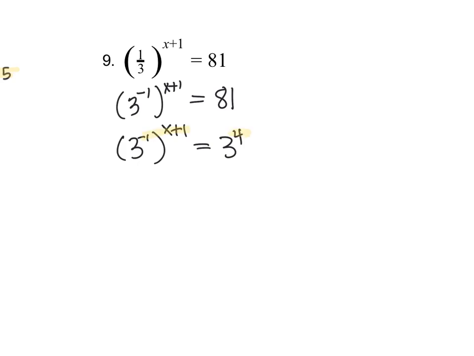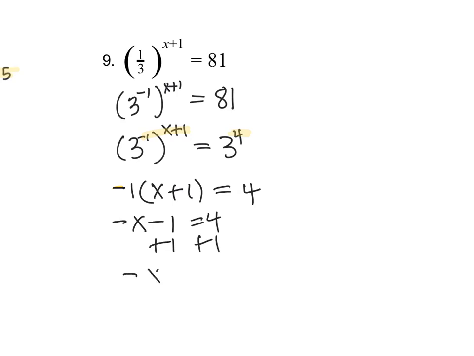And I have to take into account that negative 1 I have in my exponent on the left, multiply it to x plus 1 first, then it equals 4. Distributing that negative in parentheses, we get negative x minus 1 equals 4. Then we're going to add 1 to both sides to get negative x equals 5. Then divide both sides by negative 1, and we get x equals negative 5.